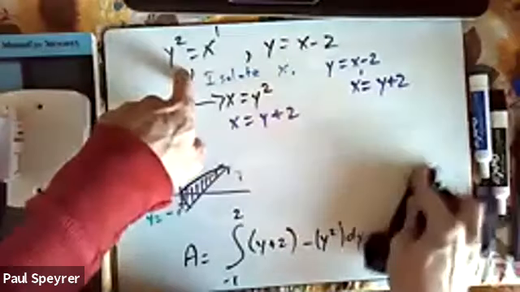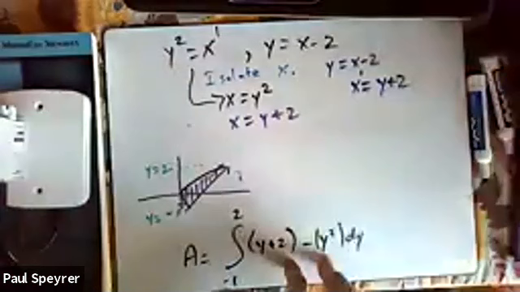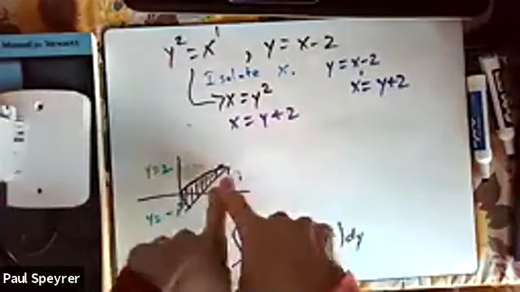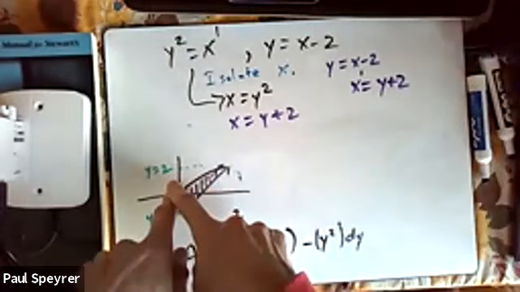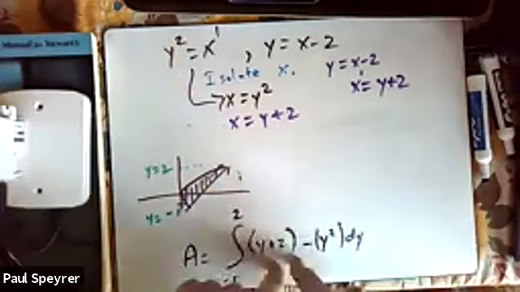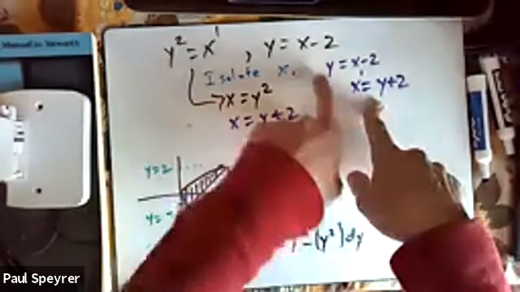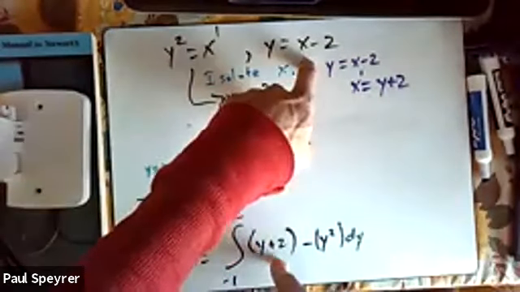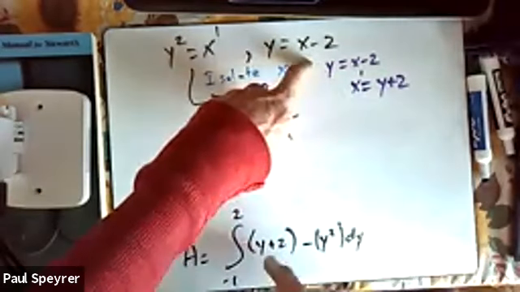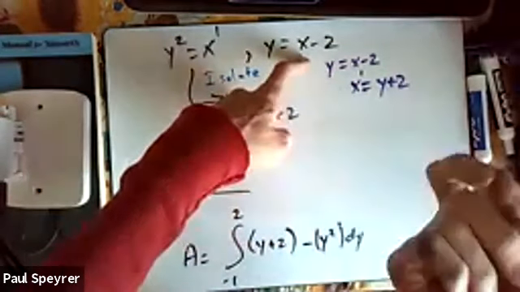So that's another mistake that people make, because when integrating with respect to y, it's the rightmost equation minus the leftmost. Really important. You got to use the correct rightmost equation. What I mean by that is you can't say, oh, x minus 2, use that down here. It is the rightmost equation, but it's got to be in terms of y.